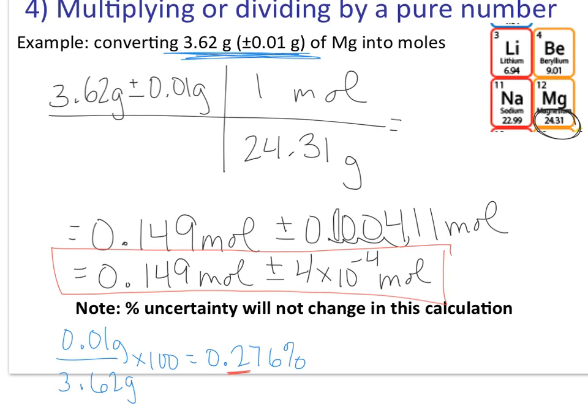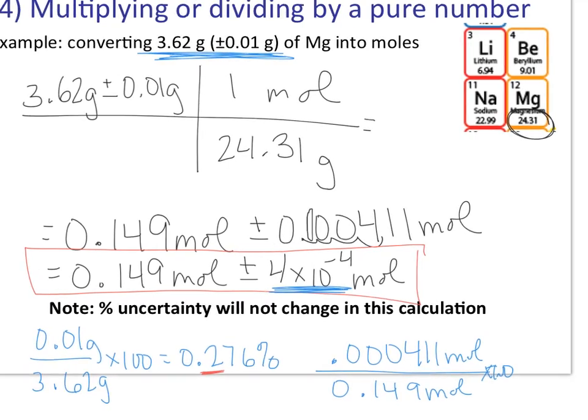And then looking at this as a percent, it would be 0.00411 moles divided by 0.149 moles times 100 to make a percent.